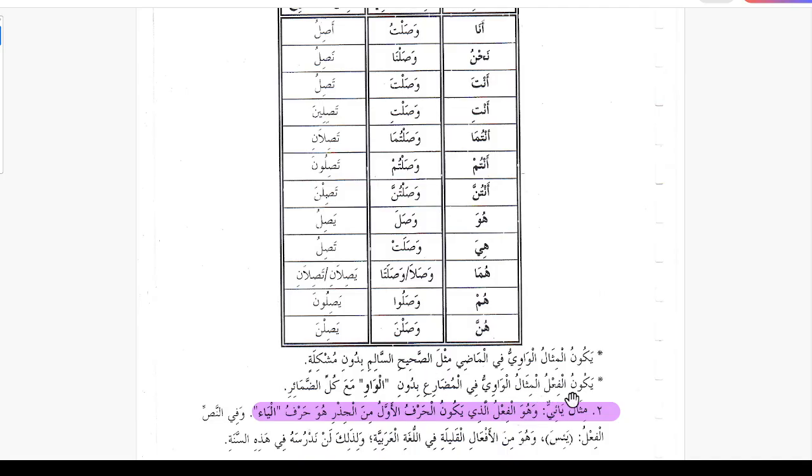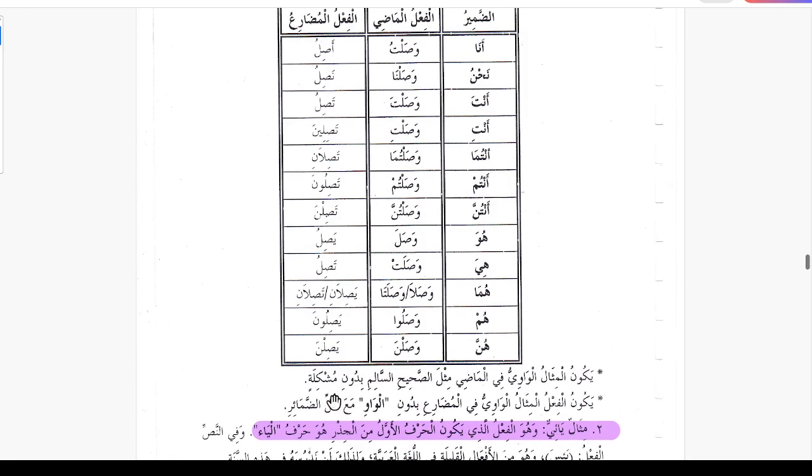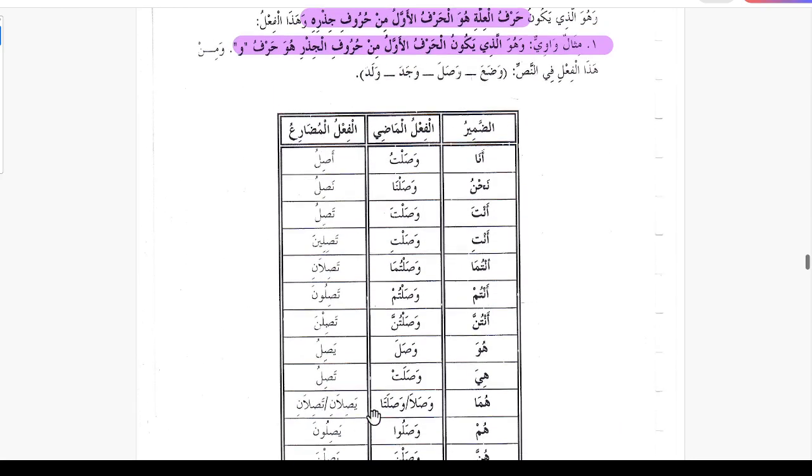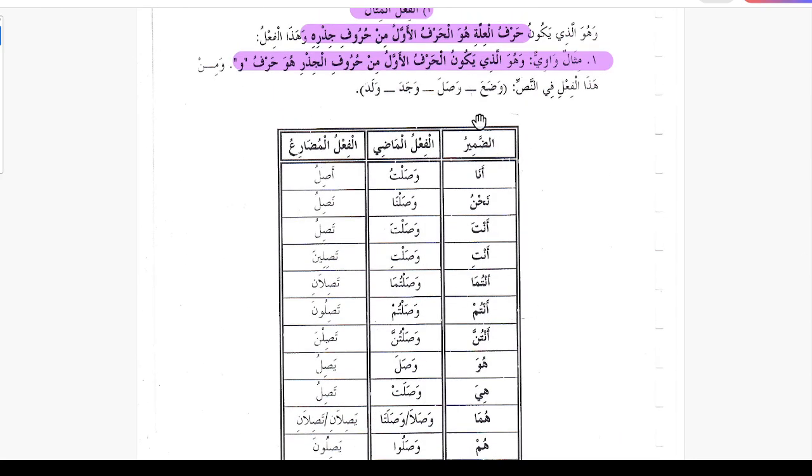And for the fi'l mudari, يكون الفعل المثال الواوي في الفعل المضارع بدون الواو مع كل الضمائر. So the only change happening is on the fi'l mudari side, where we don't see the first radical, the waw. Not the third radical, the first radical.